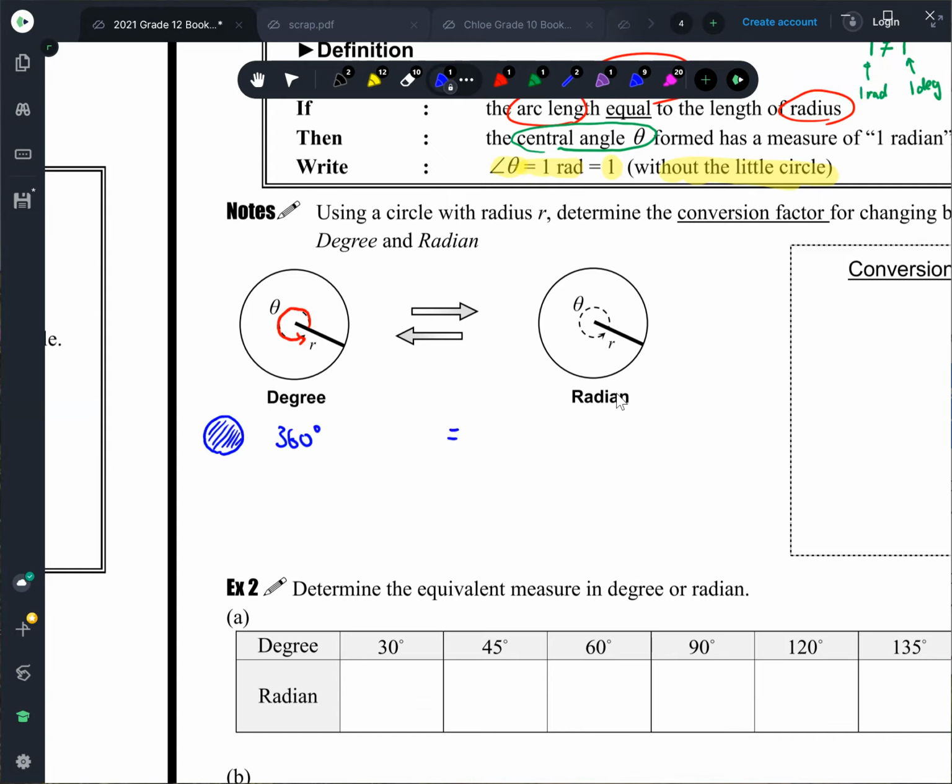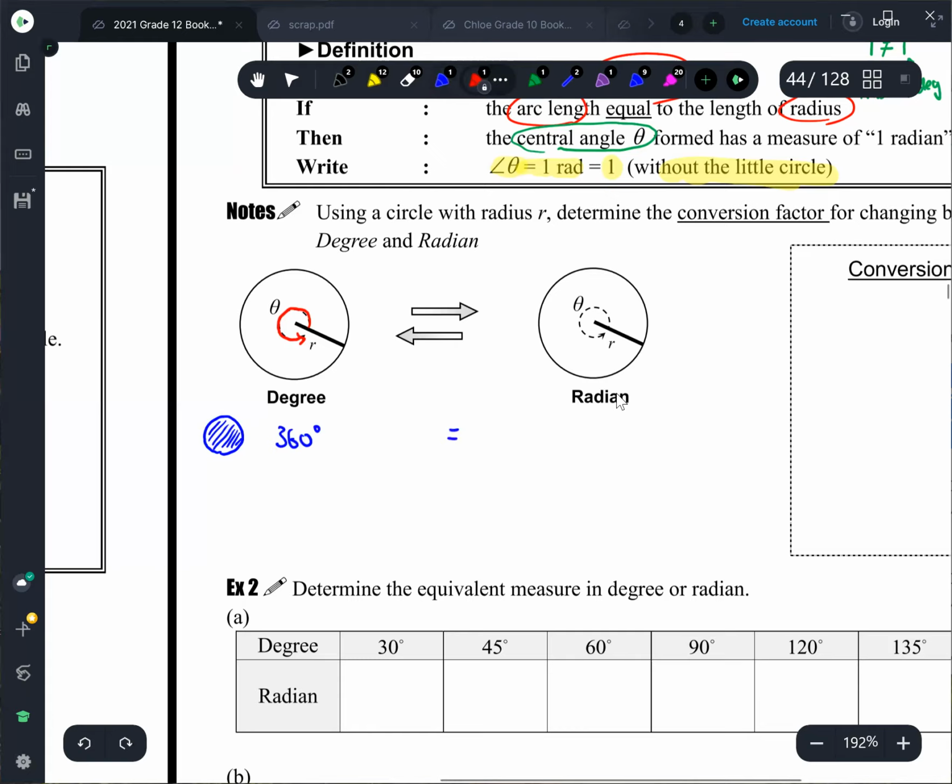Now for this one, every time you put a radius, here's the radius. I put, so this is about the size, about maybe a bit shorter, because it's bended, right?